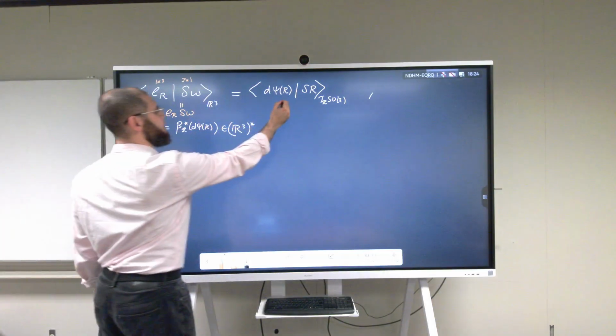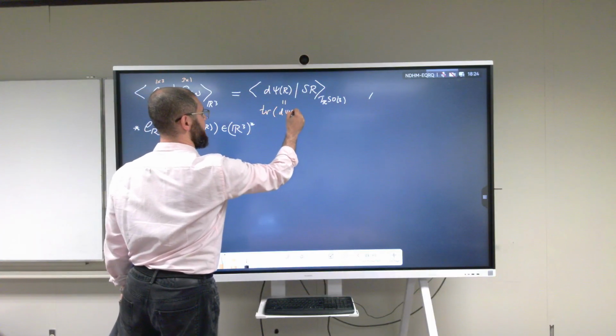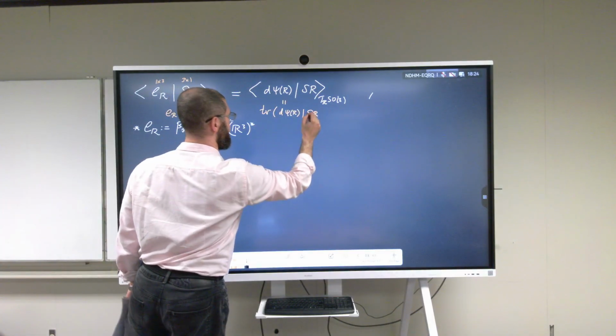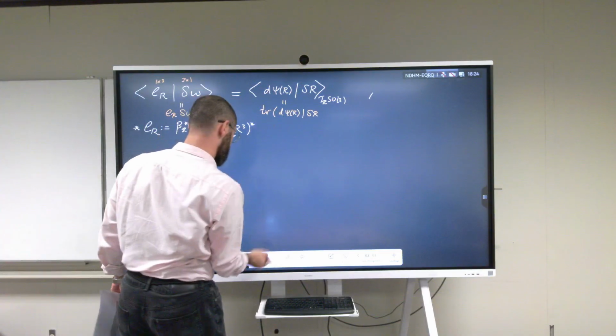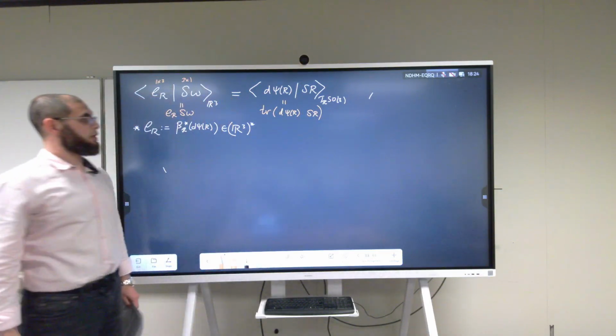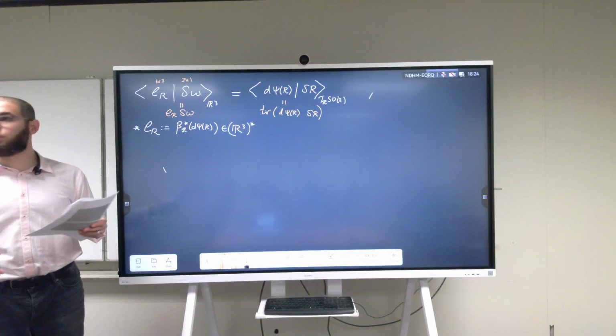And this side is equal to the trace of d psi of R multiplied by this. That's exactly what we've seen before. So far, so good?